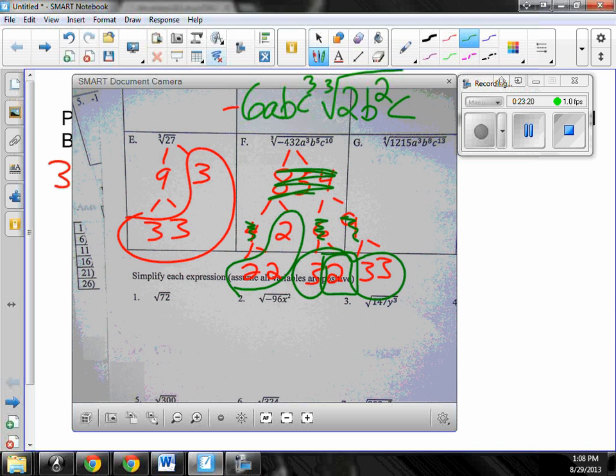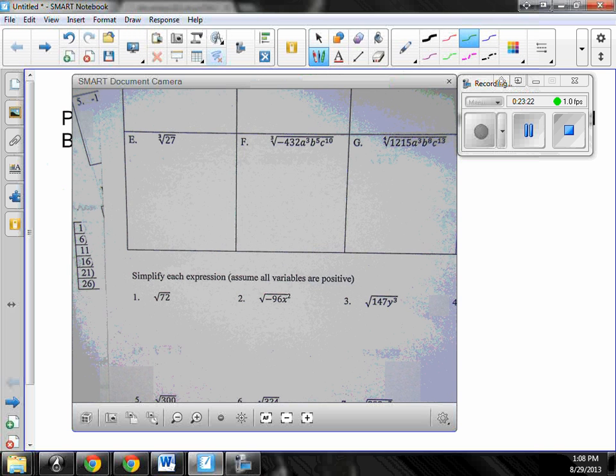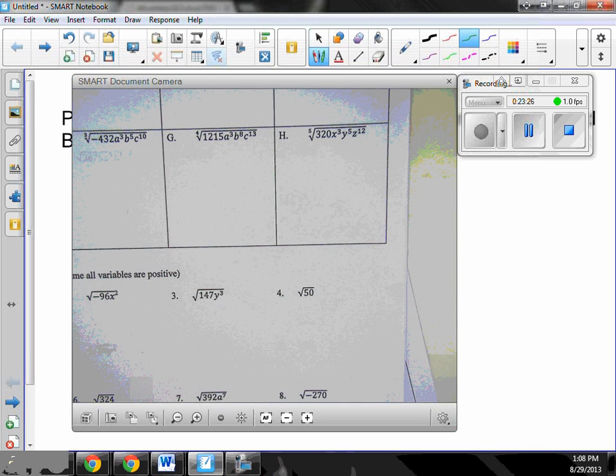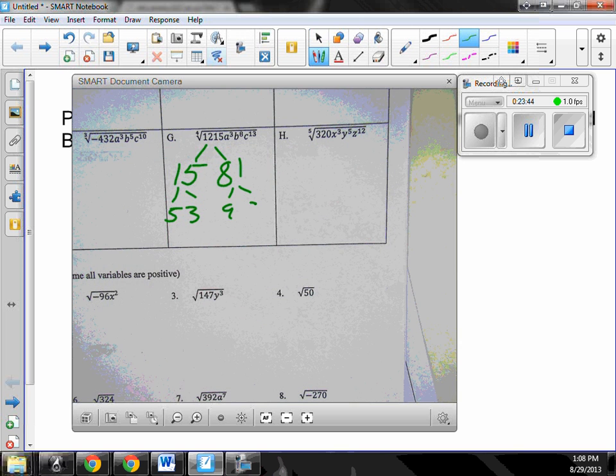All right. Let's quickly do G and H. Now I'm looking for sets of 4. I know that 3 and 5 go into it, so 15. What is it? 81. 5 and 3. 9 and 9.